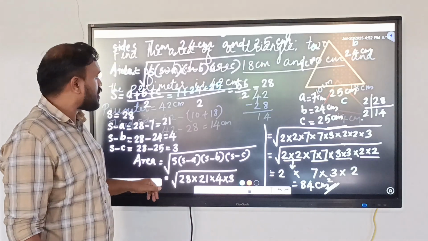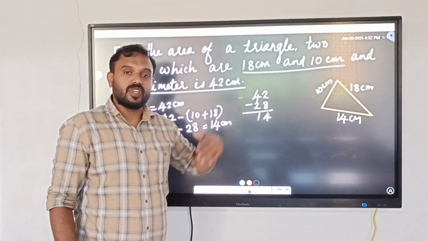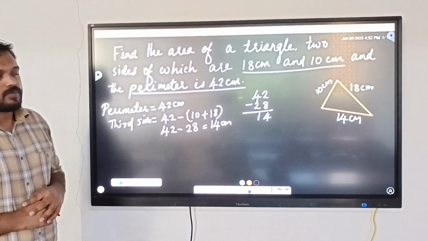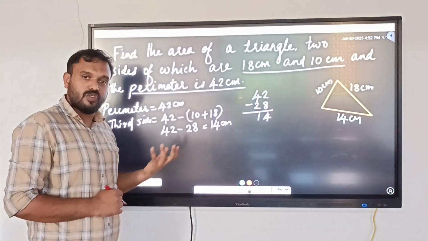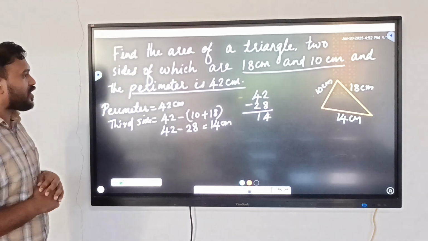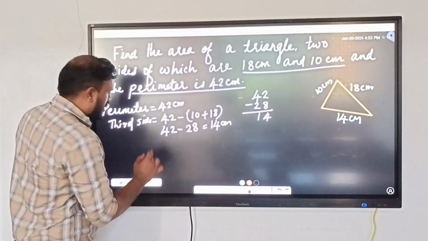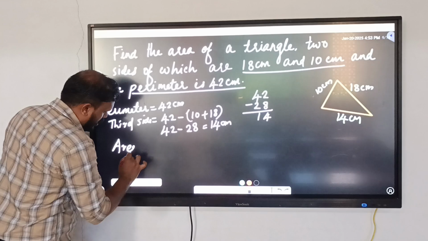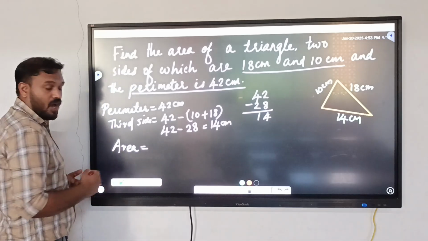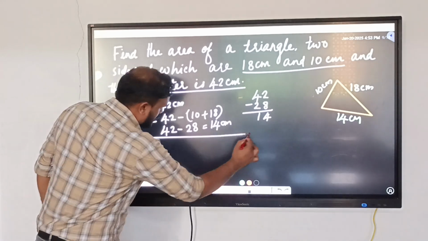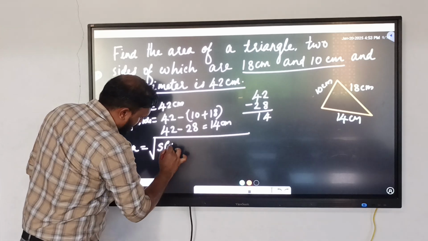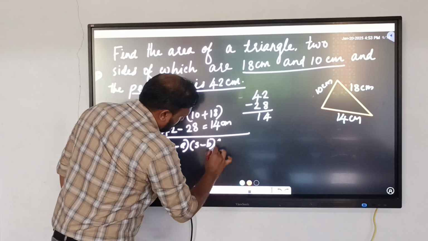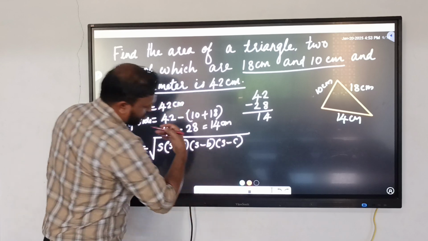Then how can we find the area of the given triangle? Yes, we have to use Heron's formula. How will we use Heron's formula here? As you know, Heron's formula to find the area is root of s into s minus a into s minus b into s minus c.